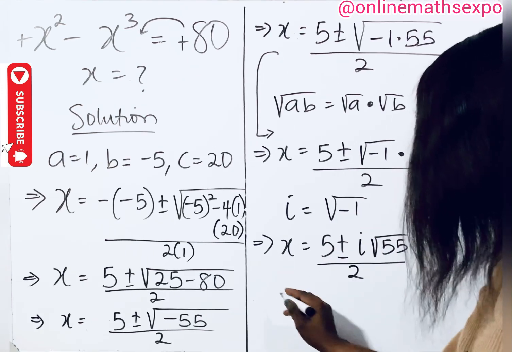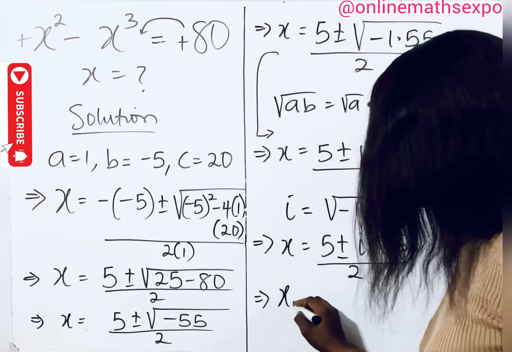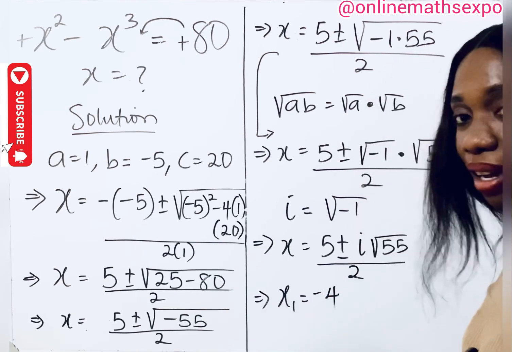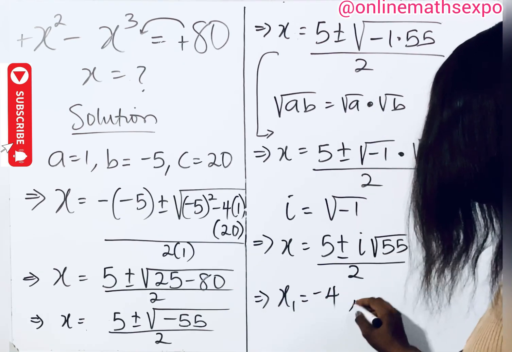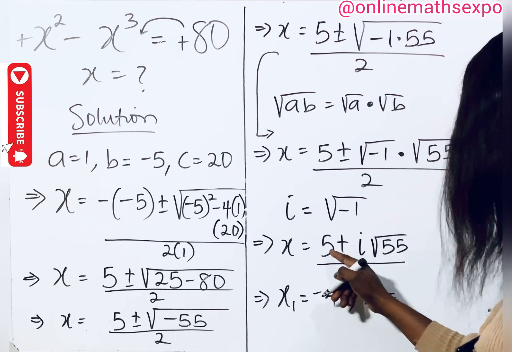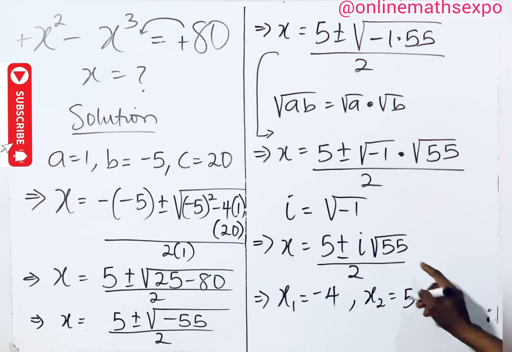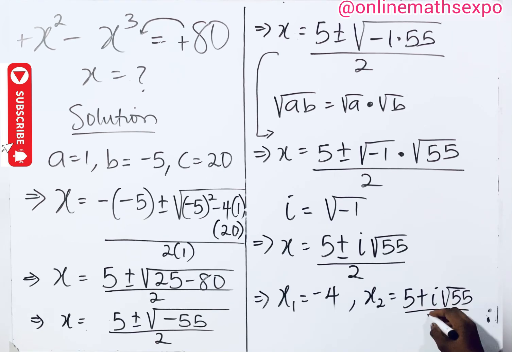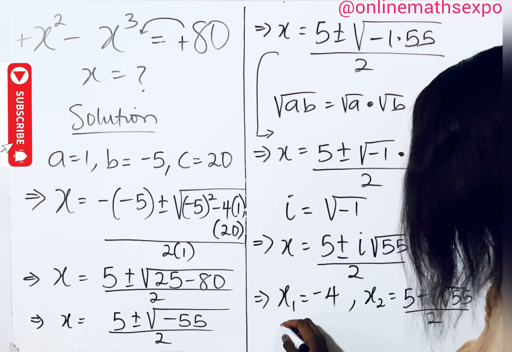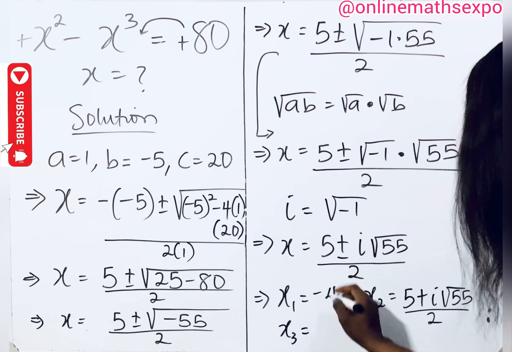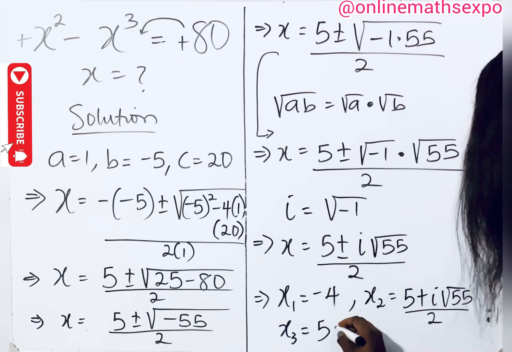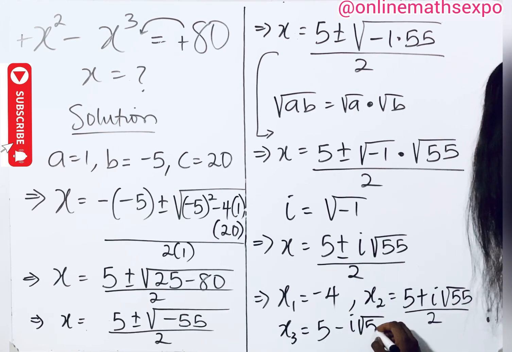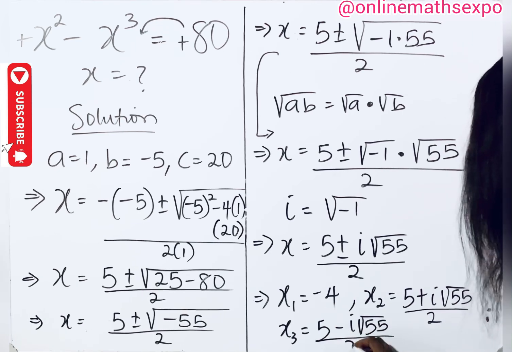So the values of x now are, the first value is -4, remember? Then the second value of x is going to be 5 plus i square root of 55 all over 2. Then the third value of x is going to be 5 minus i square root of 55 all over 2.